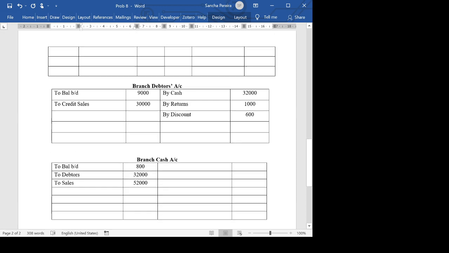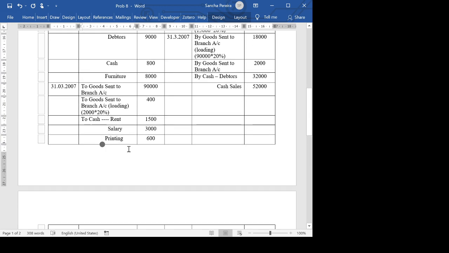We can also look at it in another way. It could be a possibility that the head office has sent cash to the branch for these expenses, and the branch itself has paid for these expenses. Even in that case, it's not going to affect the branch account.